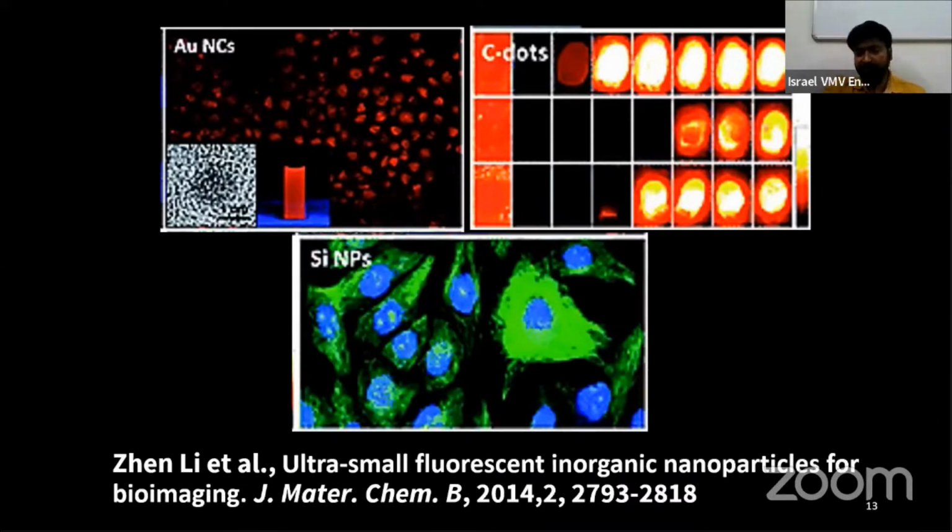These are all broken pieces of carbon, and they aggregate in the nanoscale, maybe up to 3 nanometer or 5 nanometer, very small. It's difficult to analyze carbon dots under a scanning electron microscope. What is best for the analysis of carbon dots is imaging them using a transmission electron microscope. Silicon nanoparticles show a green color emission, and these are all materials in the nanometer scale which show characteristic absorption.